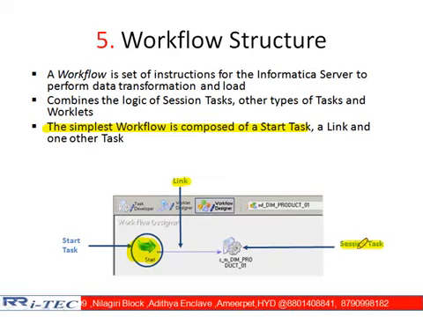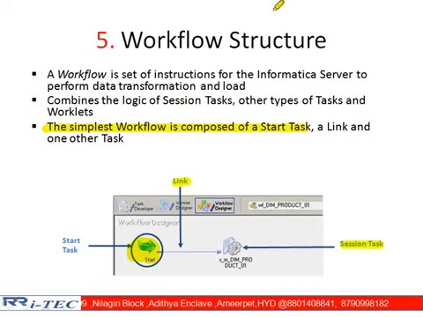So a workflow means what, sir? Three objects are always there: start task, link task, and session task. This is the simplest workflow. You may have n number of tasks down the line, but here we are taking only the simplest one. That is perfect, we understand how a workflow structure will be.